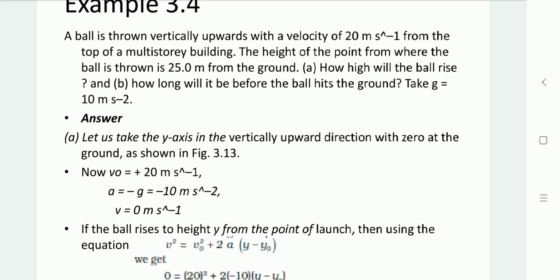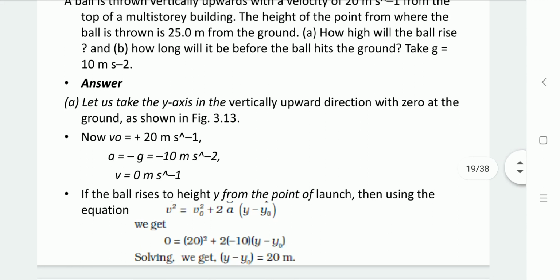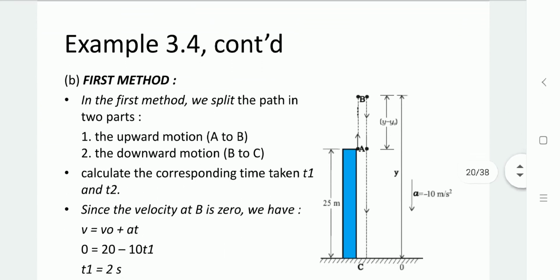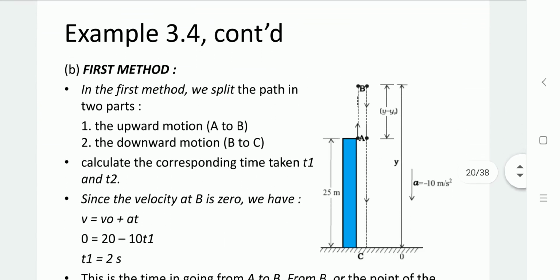So here let us use the kinematic equation v square equal to v0 square plus 2a (x minus x0). But here, as it is a vertical line, we define it with y. As you can see in the diagram, we have defined the height of the building as 25 meters from where the ball is thrown upward.